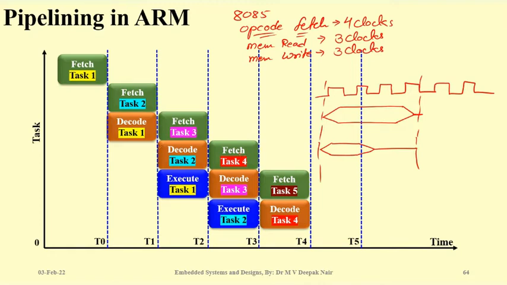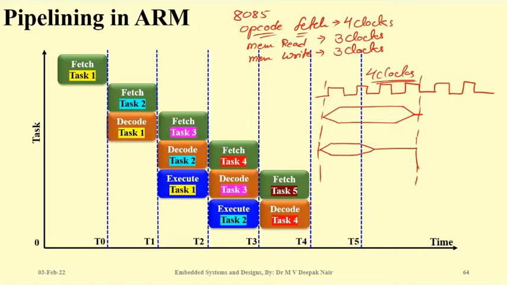For example, multiply will take more time than just addition. Or maybe right shift or left shift will take less time than moving data from memory to register or register to memory. But in any case, they will take the largest time period for any particular instruction, and they will say, we will always dedicate 4 clocks for every instruction, be it a small instruction or a large instruction.